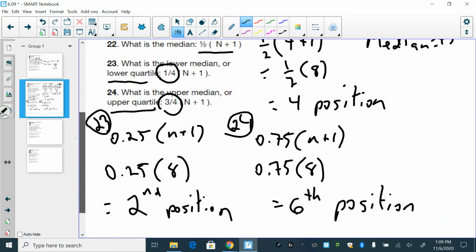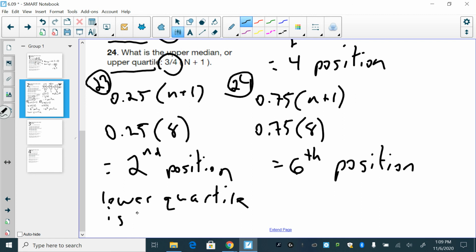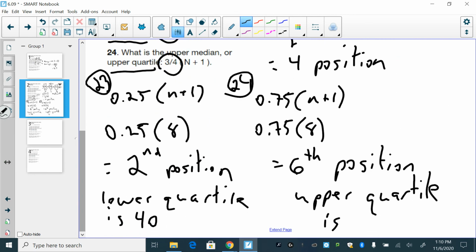So the lower quartile is 40, and the upper quartile is 55. And that's it.